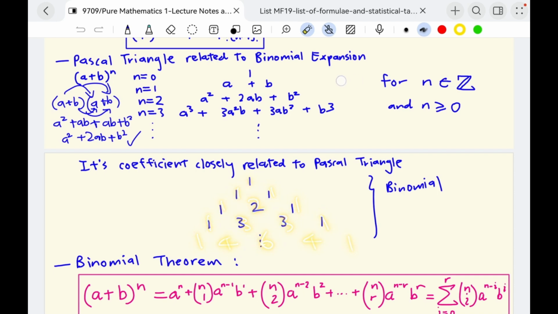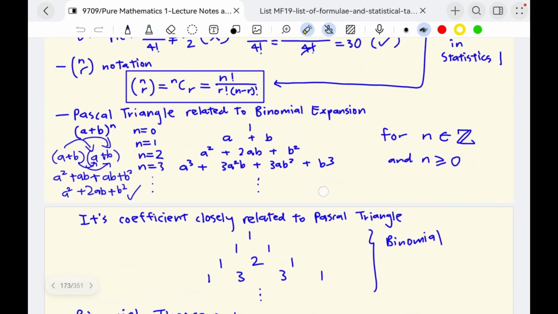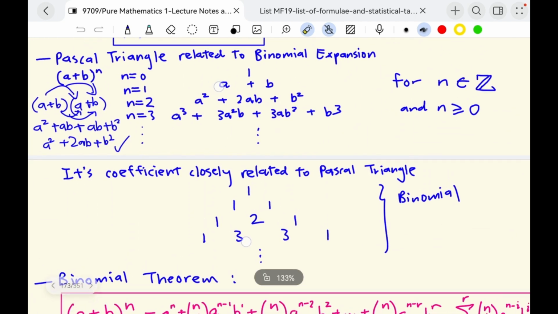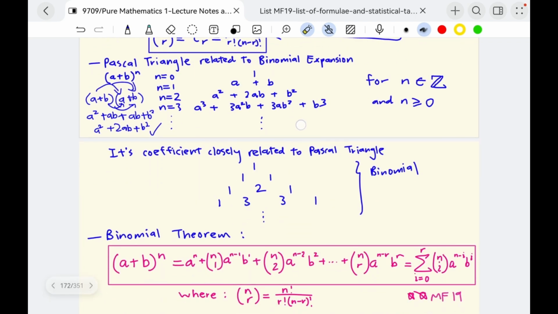I believe that you have seen the Pascal triangle from your lower form of secondary school. And until you step into matriculation, you can relate that the Pascal triangle actually comes from the nCr notation.